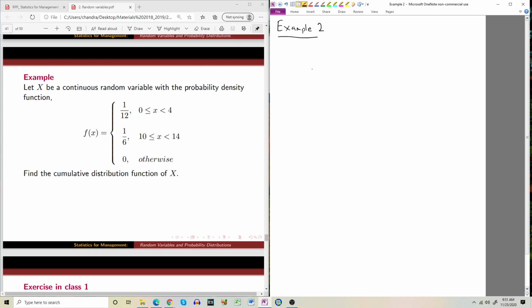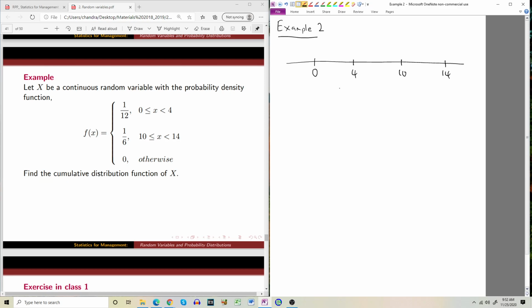Okay, so example 2. First of all, what we did, we split the interval. The question is, find the cumulative distribution function first. So the interval starts from 0 to 4, and then 10 and 14.